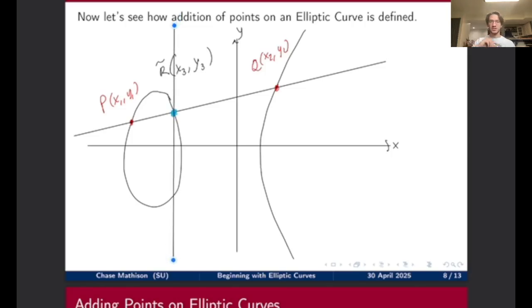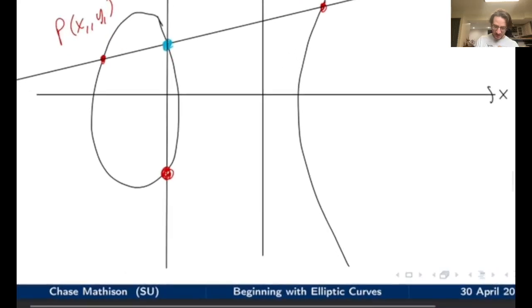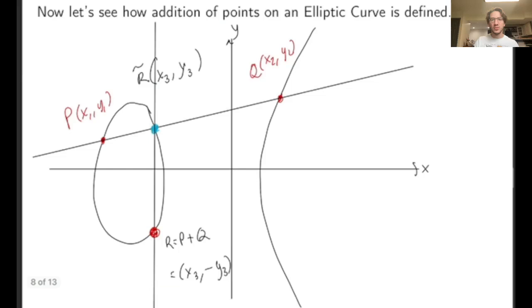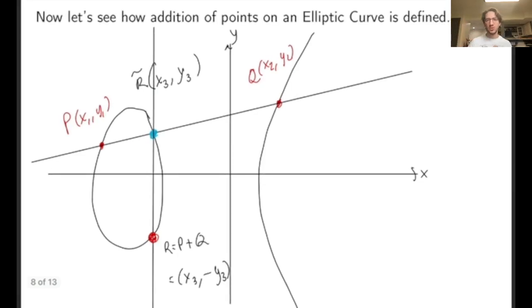So you take the y coordinate and you flip it. You make it negative. So this is the point R equals P plus Q, which has the coordinates x3 comma minus y3. So we take the original point of intersection and we flip it about the x-axis.